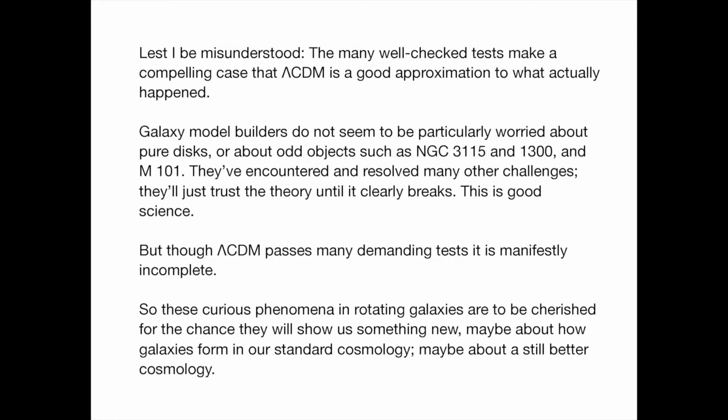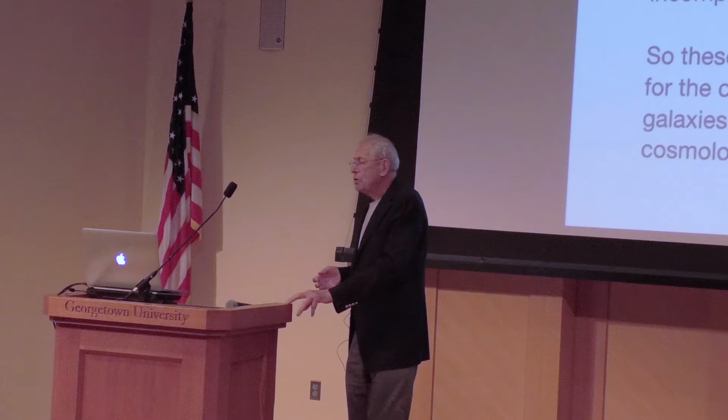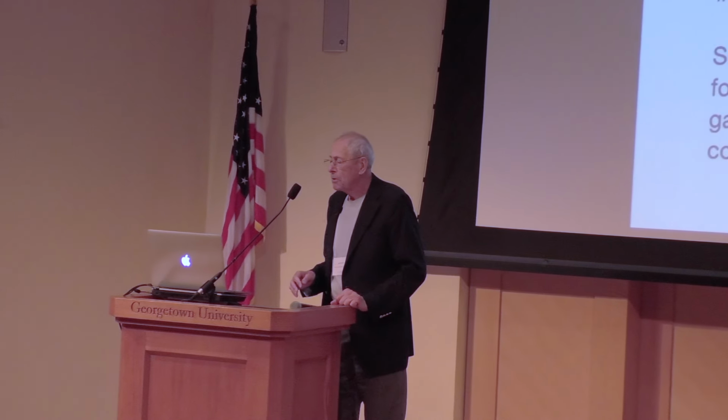We don't blame them for the result, we thank them, and we think, well, this is a little suspicious. And we should also bear in mind that although lambda CDM passes many tests, we threw that together, in fact, I threw it together in the early 80s as the simplest way to fit the observations at that time. I wasn't particularly pleased with the theory because it was so easy to do, and it was so easy to think of other ways to make a model that would pass all the tests.